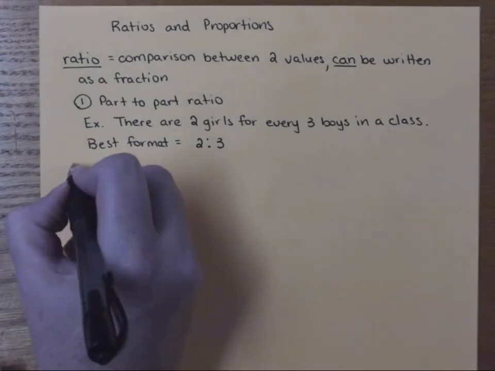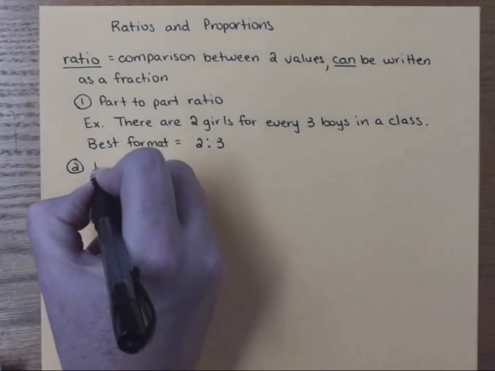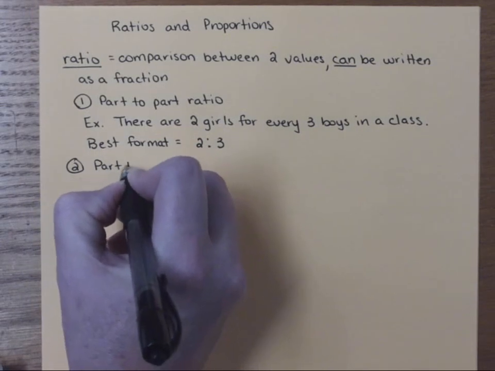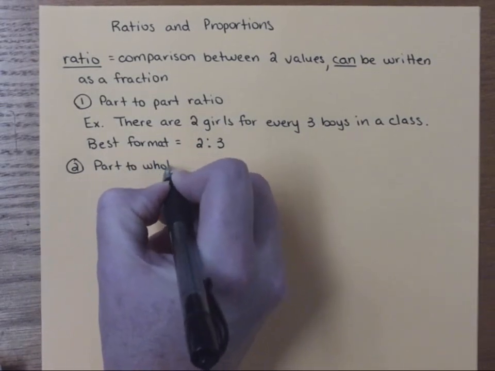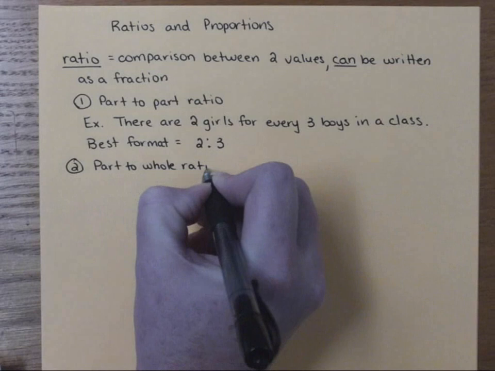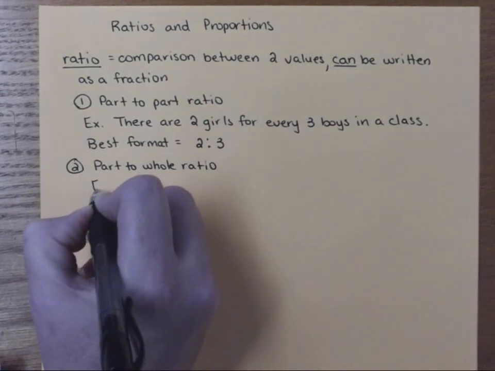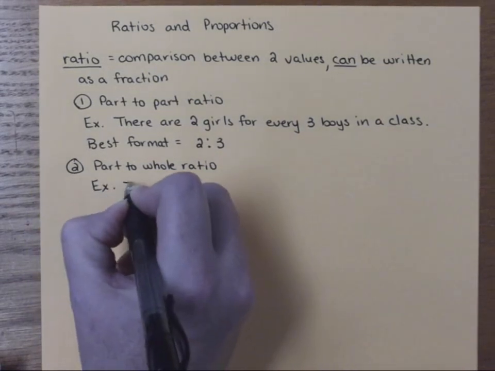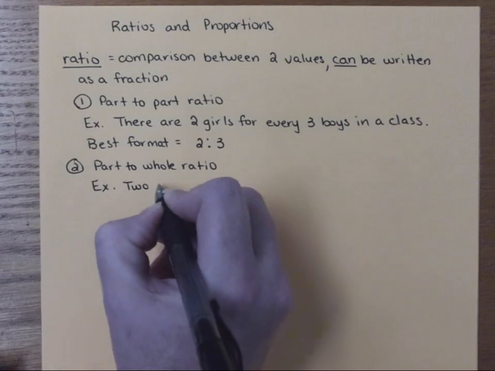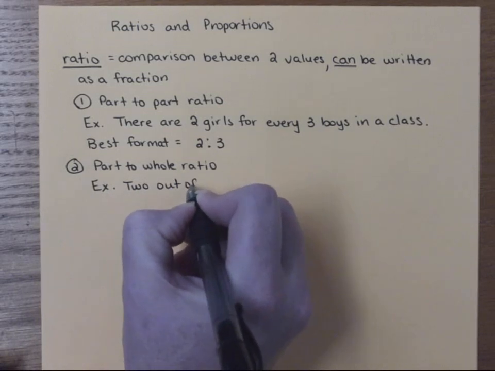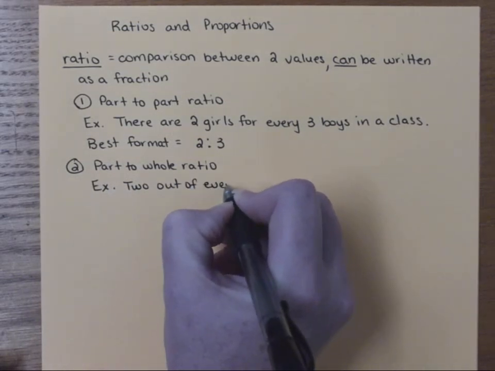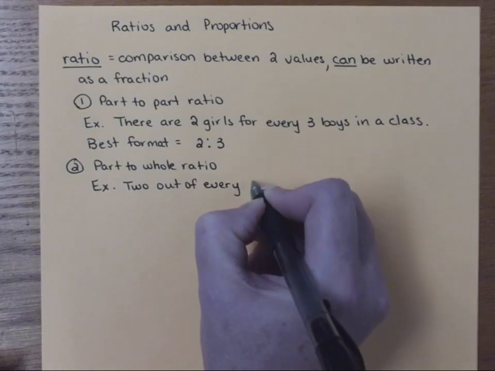Let's compare that with the second kind of ratio, which is a part-to-whole ratio. Let's take the same data, but talk about it differently. I could say that 2 out of every 5 students in the class were girls.